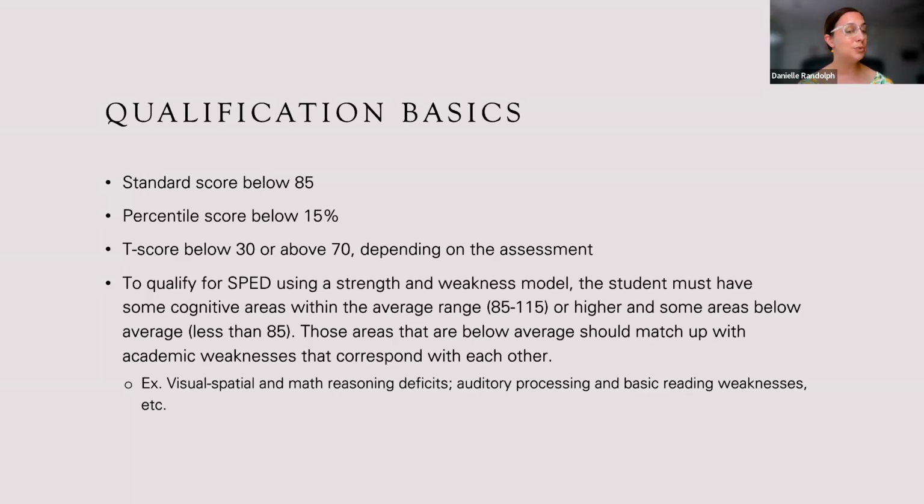So like I said before, visual spatial and math reasoning go together. Auditory processing and basic reading weaknesses go together. So we want to be able to see that relationship. As I said before, memory and processing speed go along with all of these academic skills. And so if we have a below average score in one of those areas, it can impact all academic areas, and you don't have to have necessarily that one-to-one correspondence.